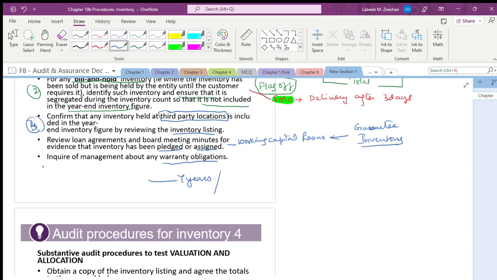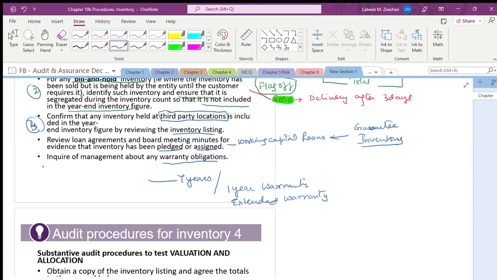You are buying a phone, and they will give you a one year warranty. Sometimes customers will buy some extended warranty. These things have to be taken into consideration.